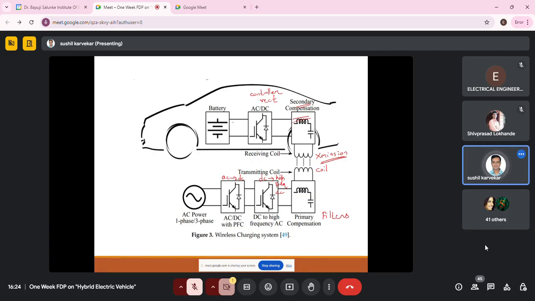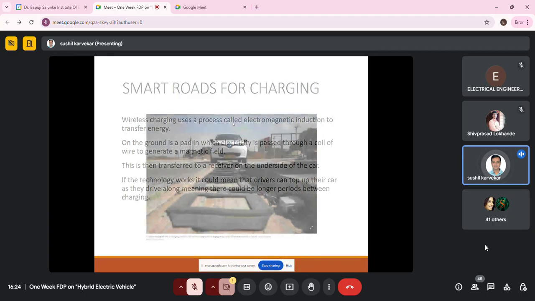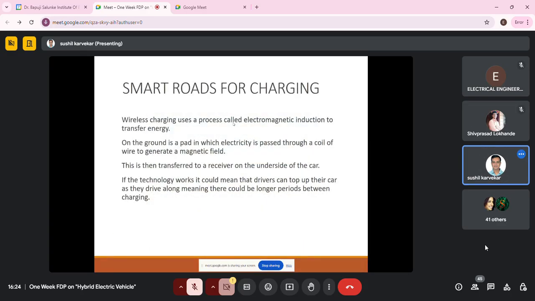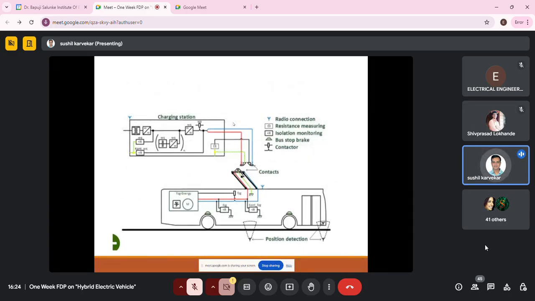This circuit is being realized in countries like Israel. It is already present there. These are called smart roads.